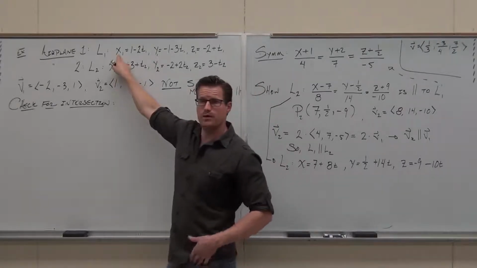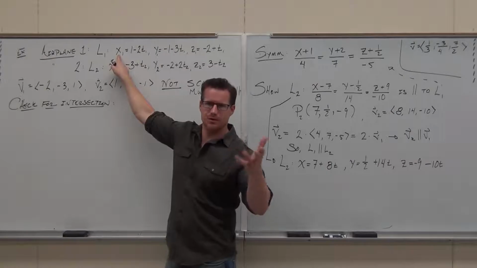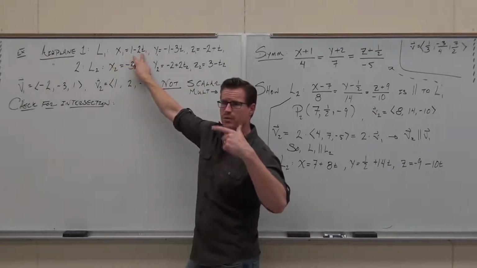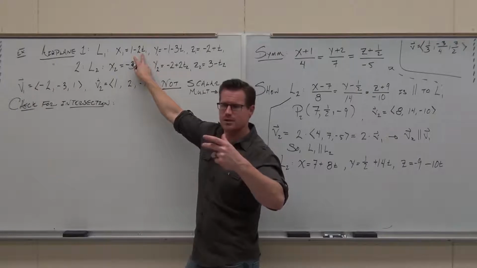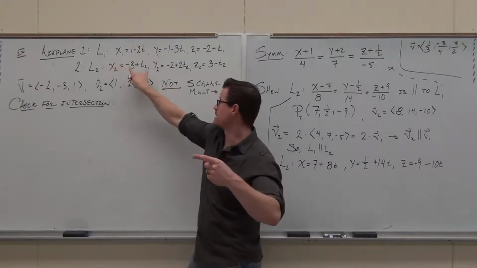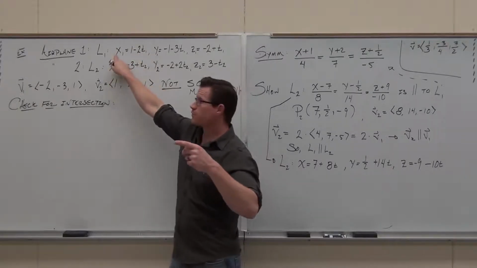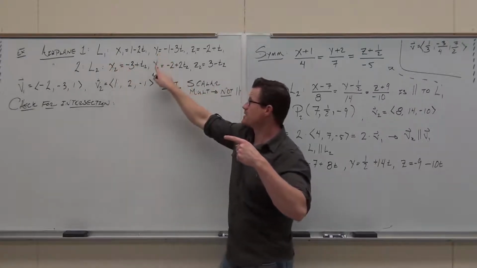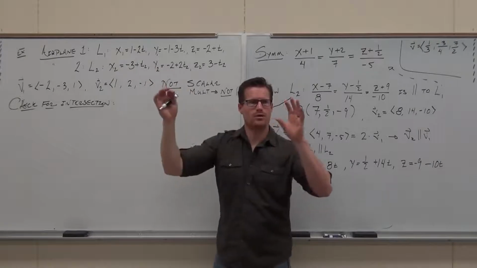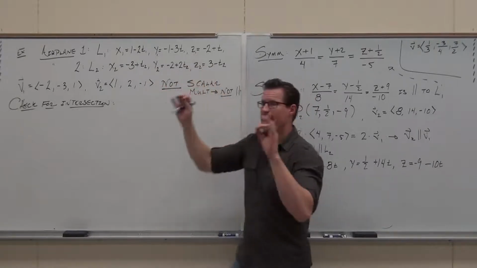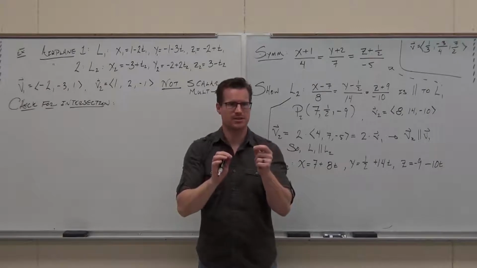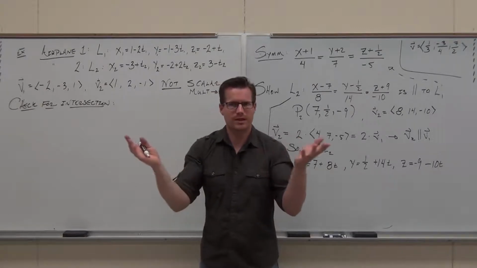Our x1 coordinate, look at the board here. Stop whatever you're doing with the board. This is our x coordinate. It's given by when I plug in a time, I get out an x value. In order for this to work, this has to equal this. Our x coordinates have to equal, our y coordinates have to equal, our z coordinates have to equal, and they have to all equal at the same exact time. Does that make sense to you? So we set them equal. Okay, well let's let that happen.